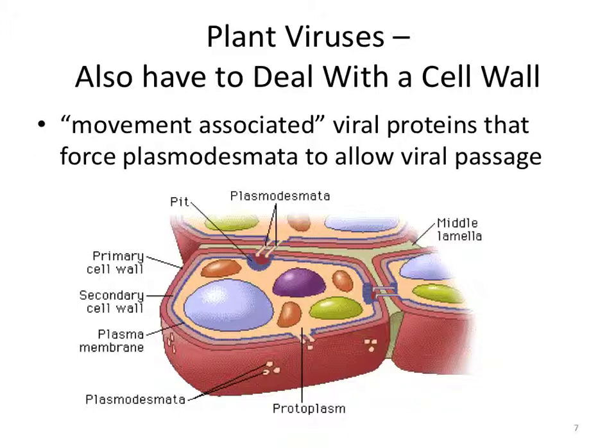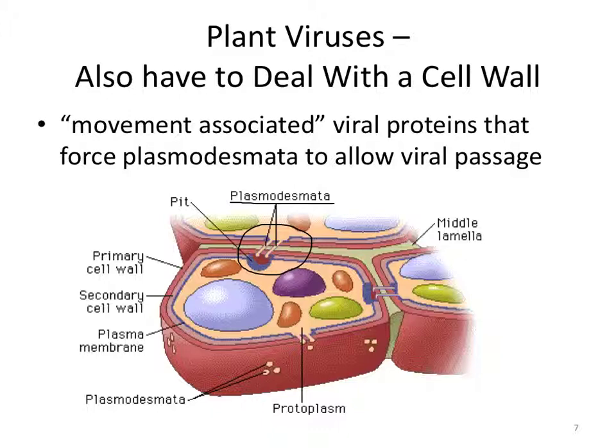Shown in this particular image is just a schematic showing plant cells. Plants are multicellular organisms, so they have cell-cell attachment points that are very, very important and specific. And between cells, they have very specific channels called plasmodesmata, and they allow only certain substances to go back and forth.